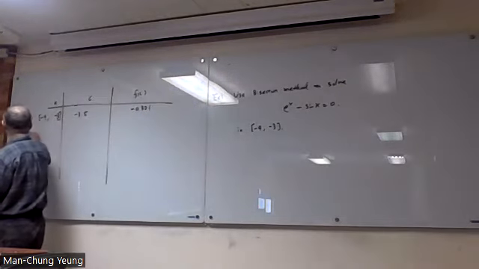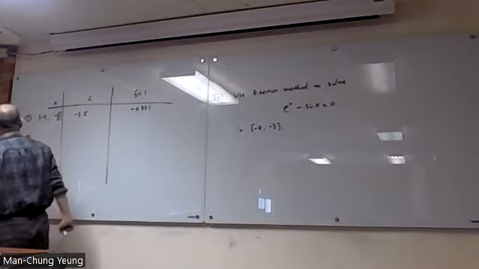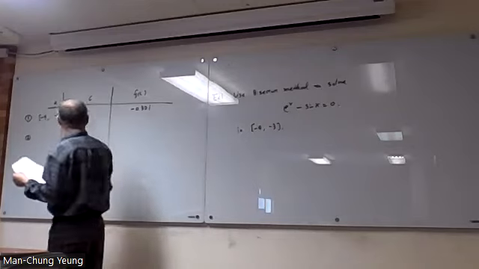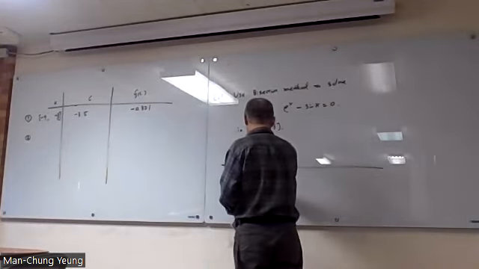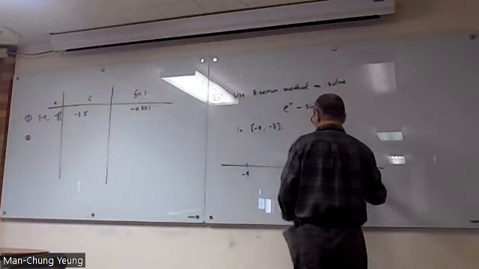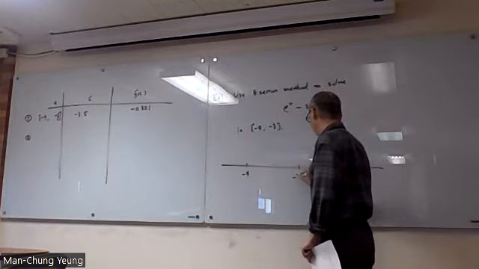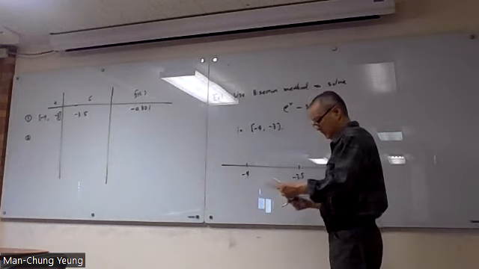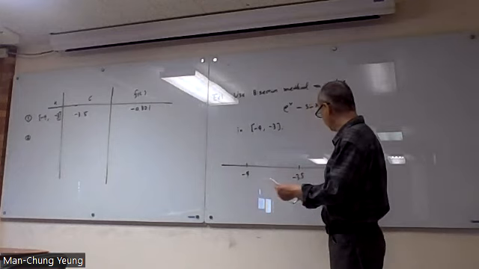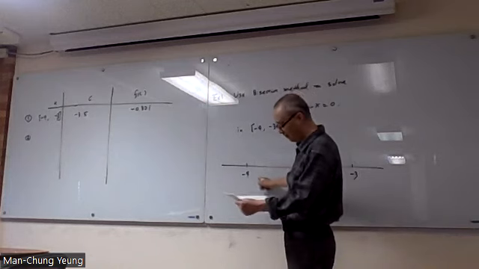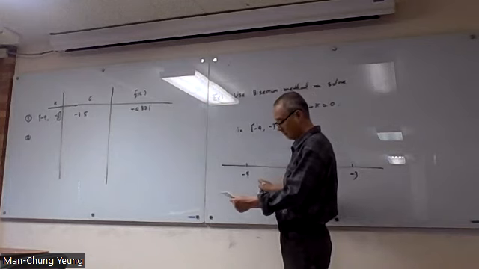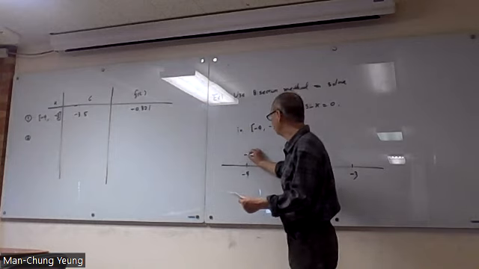Step two. Now the midpoint. Function value at 4 is negative.